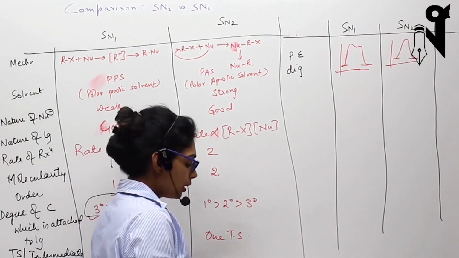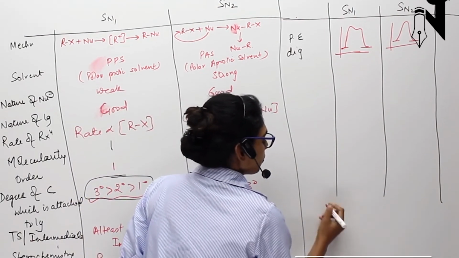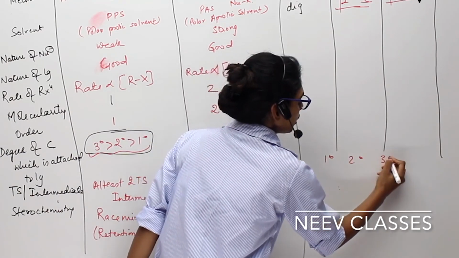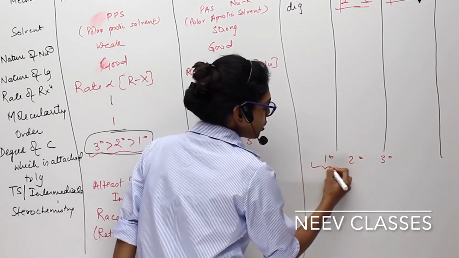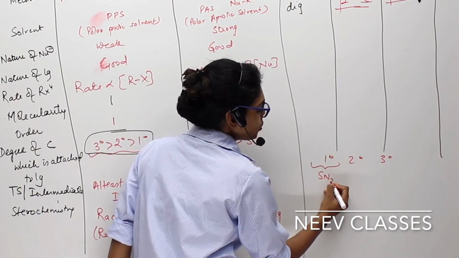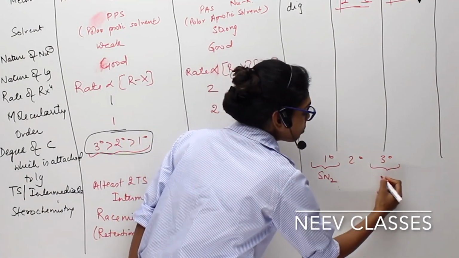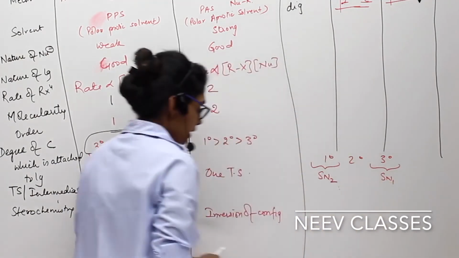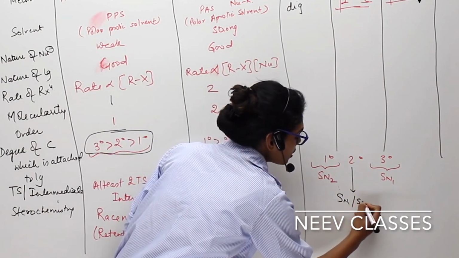So we can also write it as, when we are talking about primary, secondary and tertiary carbons where the leaving group is present, primary will mostly favor SN2 and tertiary will mostly favor SN1, whereas in case of secondary both are possible, SN1 and SN2.